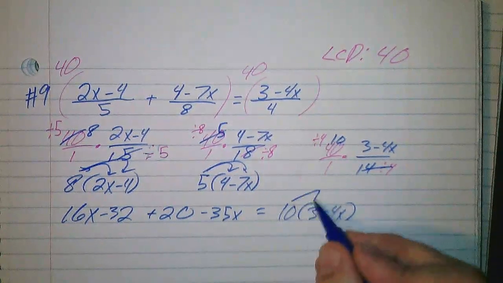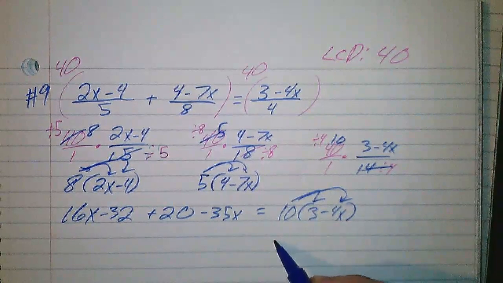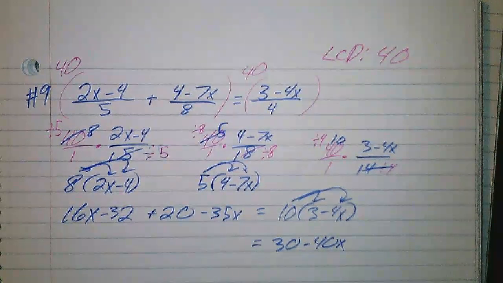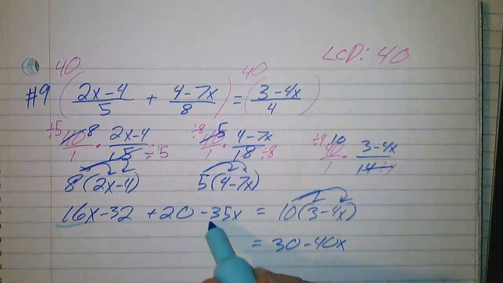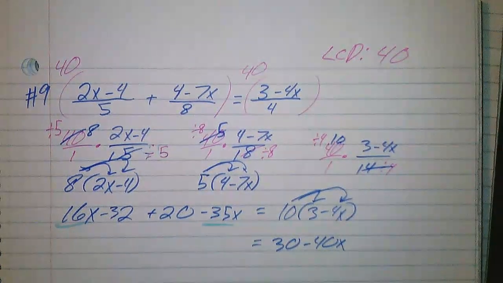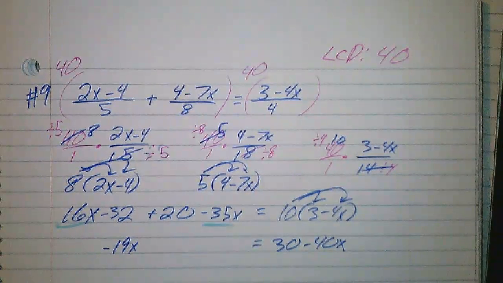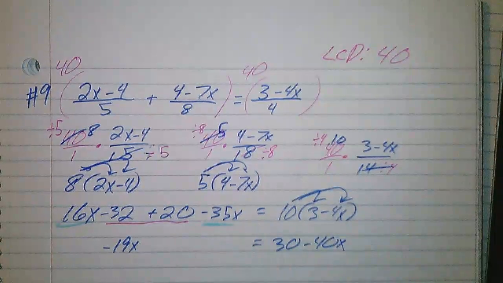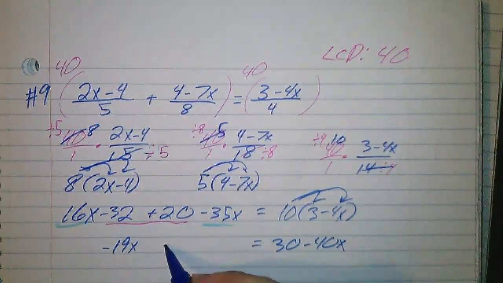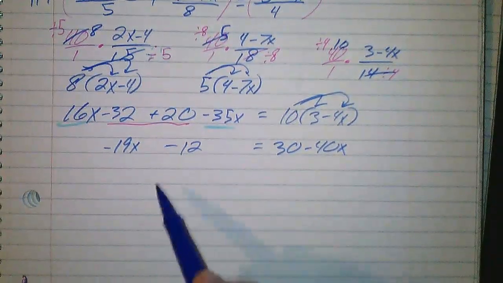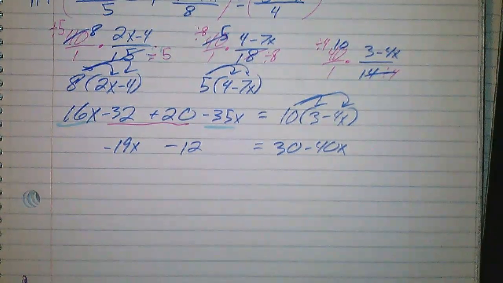Oh, well. So distribute, and we will get 30 minus 40x. And then we can combine like terms right here. So 16x minus 35x gives us a negative 19x. And negative 32 plus 20 gives us a minus 12. We're kind of oddly spaced at this step, but this is where we're at.